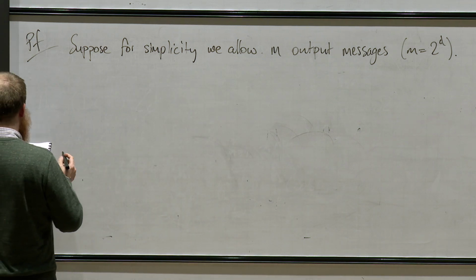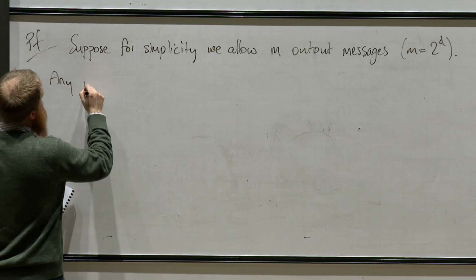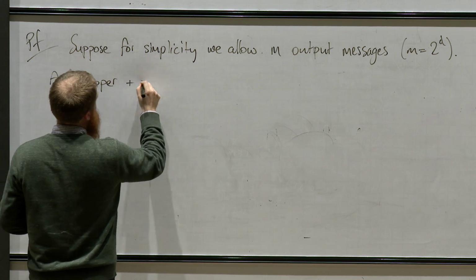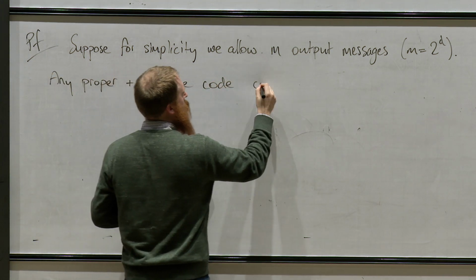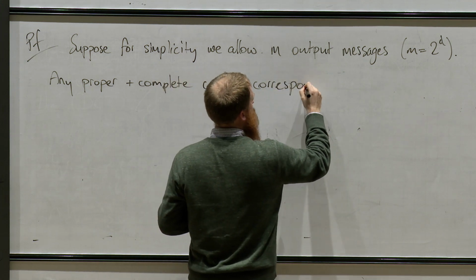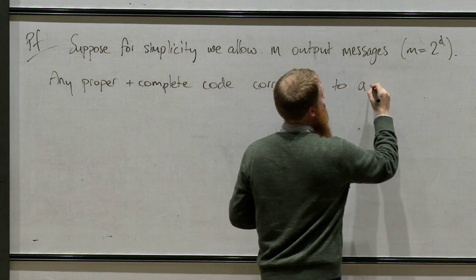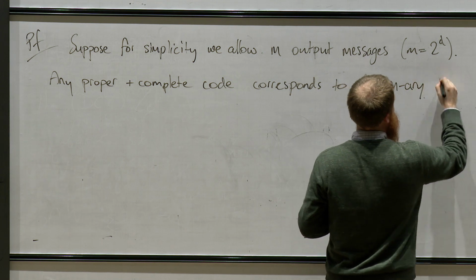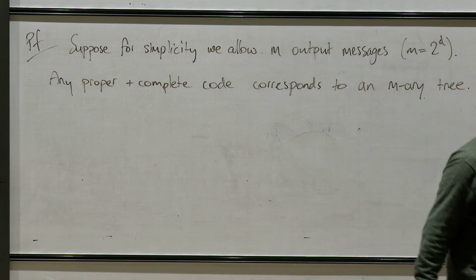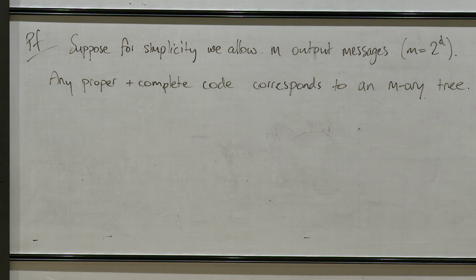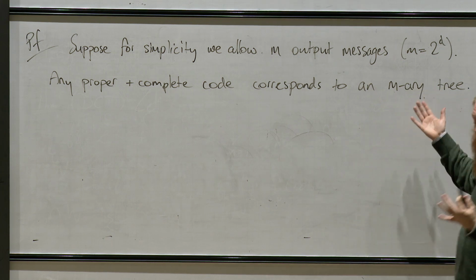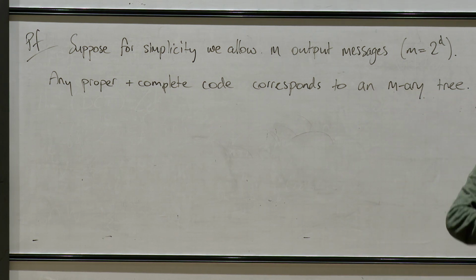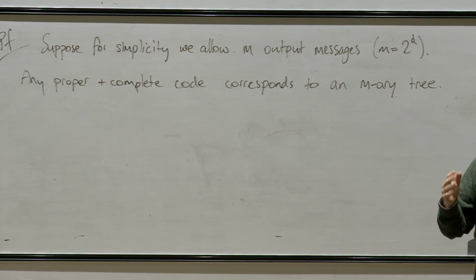Any proper and complete code corresponds to an M-ary tree. So this is completely analogous to what we saw for when we were dealing with Huffman codes. We said, oh, those are binary trees. Here we have an M-ary tree because at every step there are M different options.